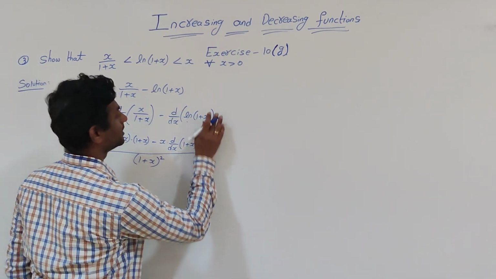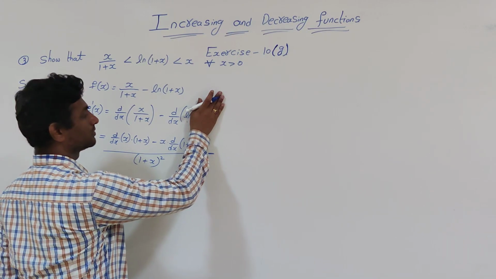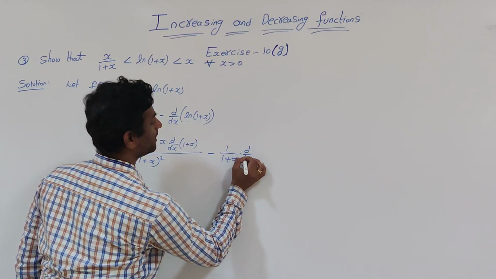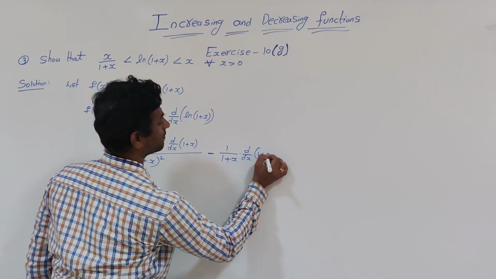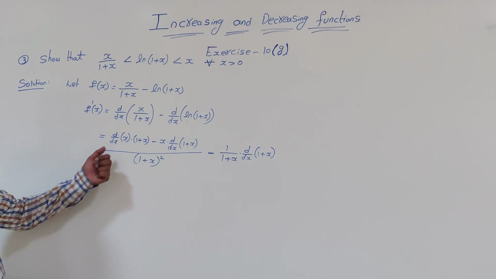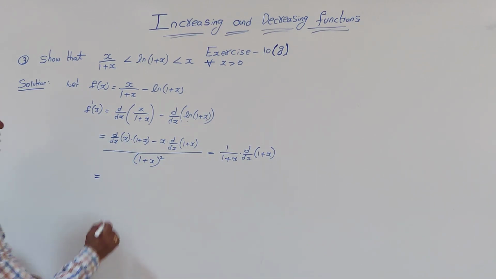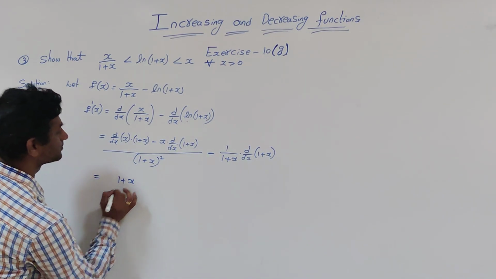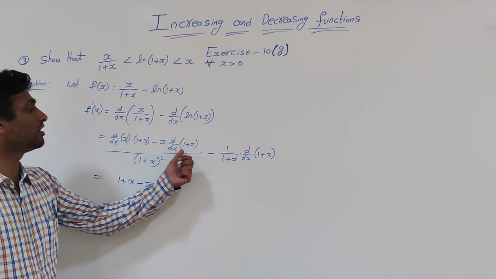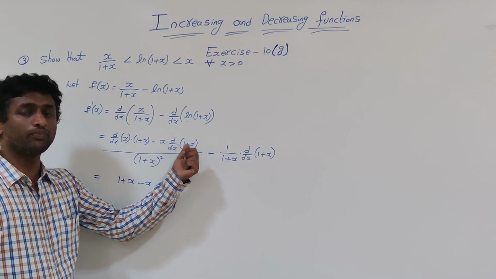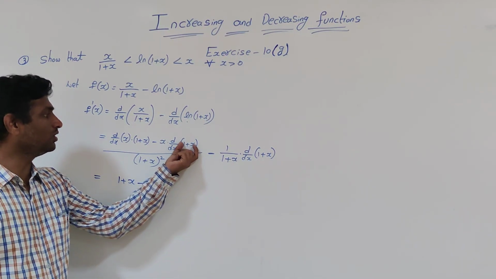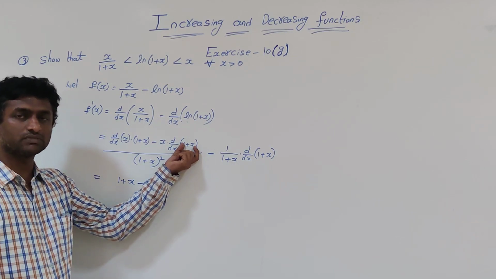Normally 1 plus x is u, so it will be 1 by 1 plus x into d by dx of the inside function 1 plus x. If you simplify, the derivative of x is 1, so it will be 1 plus x minus x, because the derivative of 1 plus x is the derivative of 1, which is 0, plus the derivative of x, which is 1. The whole derivative of this function is multiplied with x.